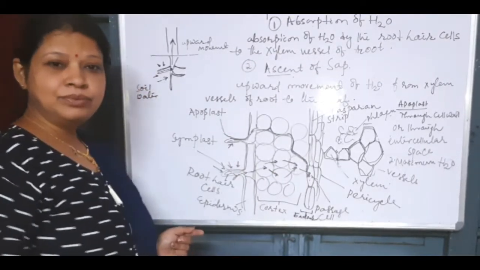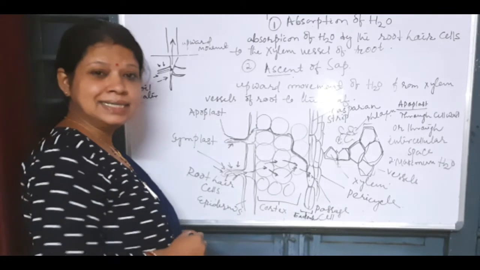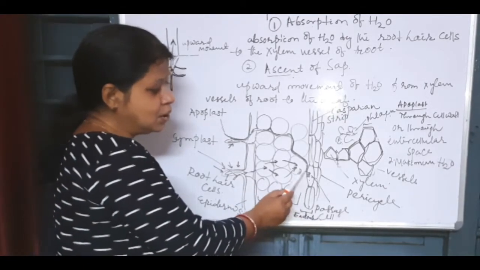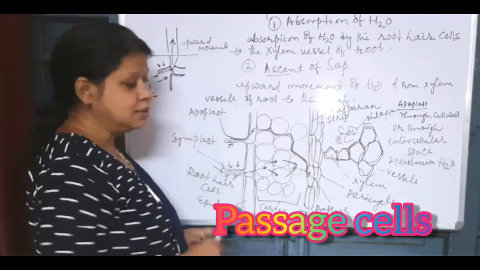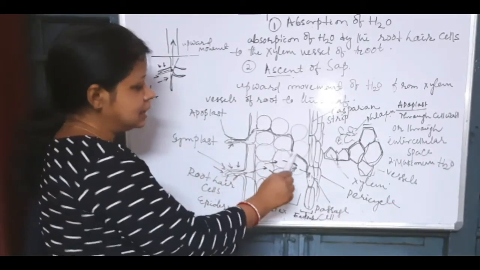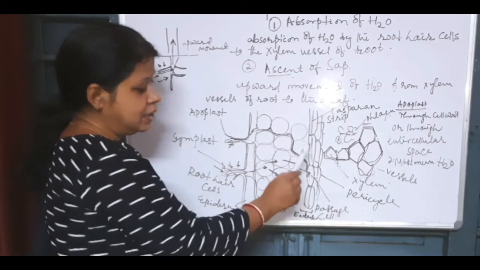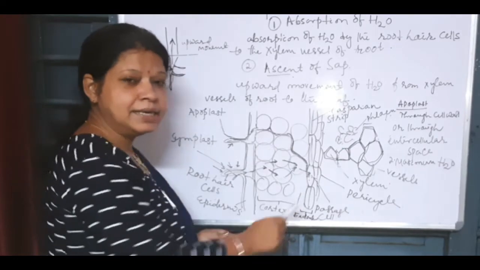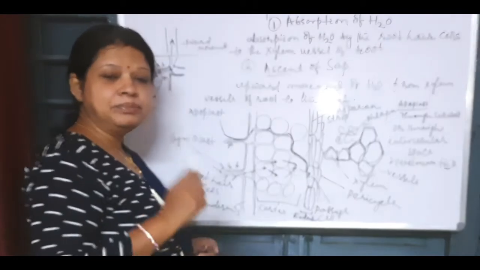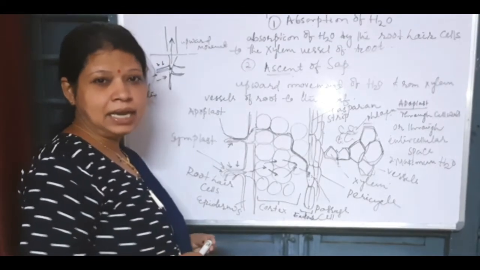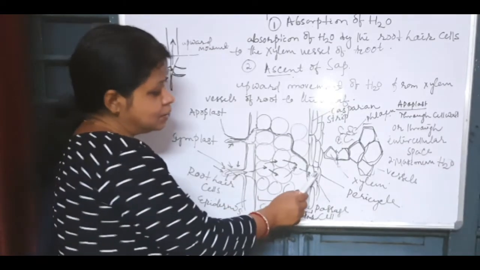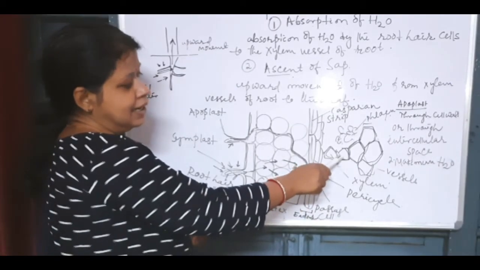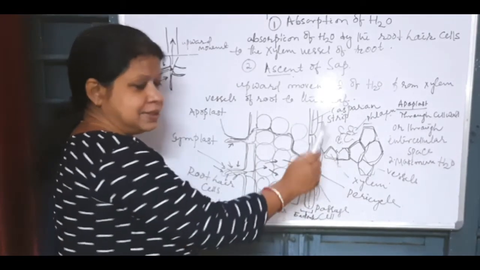Then it reaches the endodermis, and in this endodermal layer the water is checked by the Casparian strips, so it now enters through the passage cell. Until then this is apoplastic movement, but when it reaches the passage cell, the water enters and becomes a part of the cell sap. Then again it enters the pericycle through cell wall and intercellular space, and finally reaches the xylem vessels.